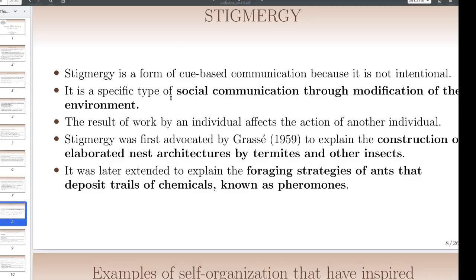It was first developed by Grassé in the year 1959 to explain the construction of the nest architecture by termites and other insects. Later, it was used to explain the foraging strategies of ants that deposit pheromone trails in order to forage for food.